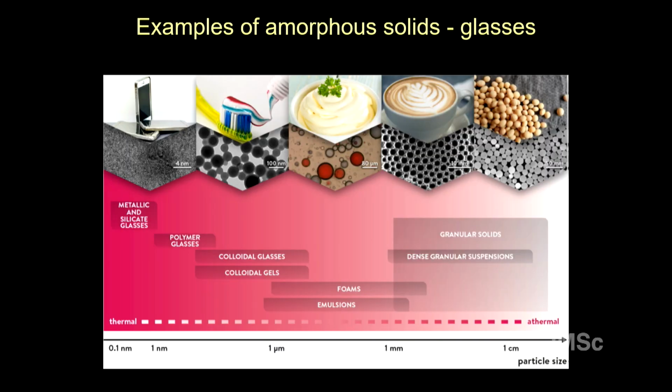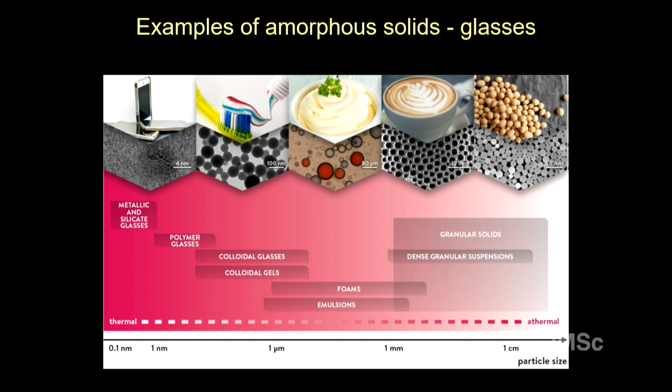These are examples of amorphous solids. Maybe you are familiar by now with what amorphous solids are, because there were talks on amorphous solids before in this session. Just for the sake of completeness, I'm going to show this figure. There is one big umbrella under which there are a variety of materials that can be classified as amorphous solids, starting from metallic glasses to toothpaste, foams, and granular materials.